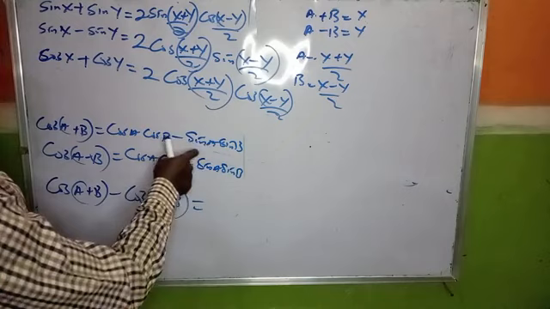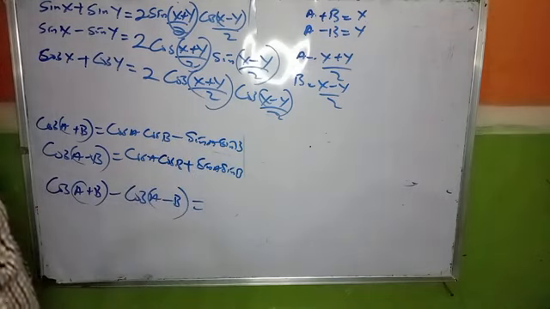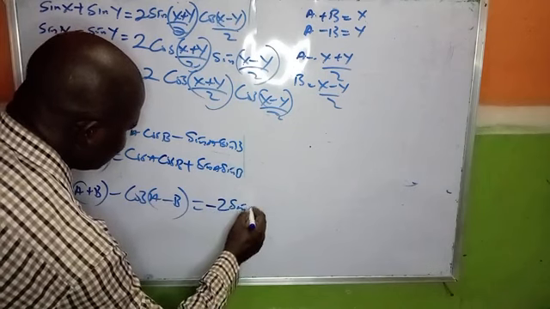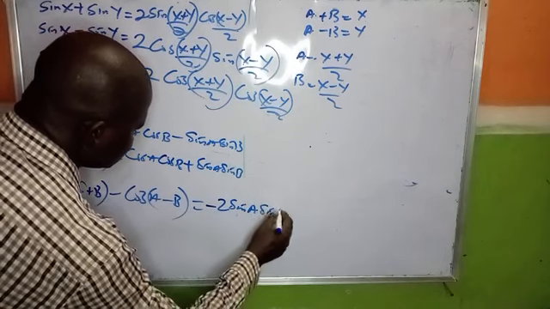This one will give you minus 2 sine a sine b.